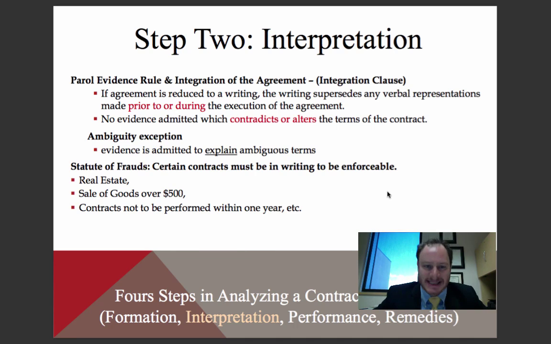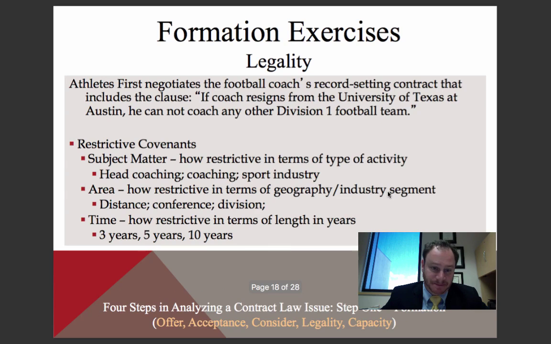it cannot be challenged unless the contract is ambiguous or inconsistent. Maybe there's language in there that could be interpreted several different ways, or maybe there's language that's incomplete. So, for example, back to this restrictive covenant, it says if coach resigns from the University of Texas at Austin, he cannot coach any other Division I football team.